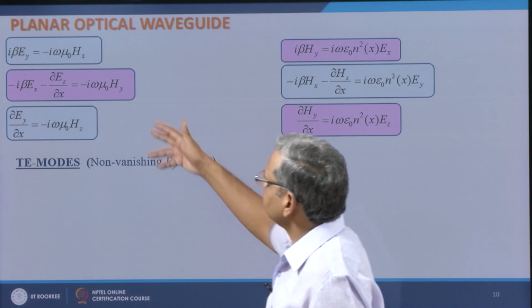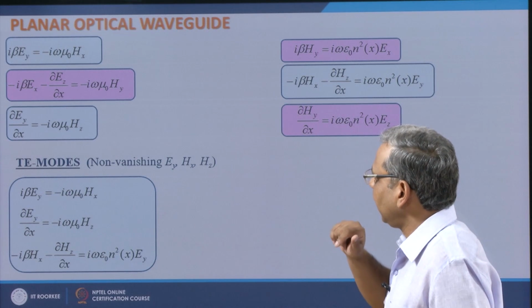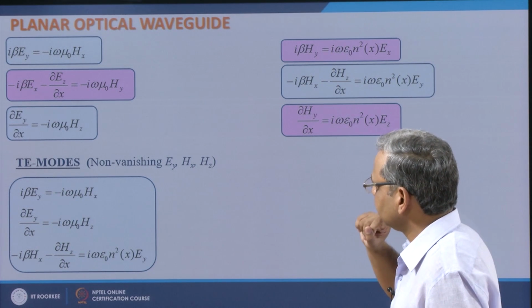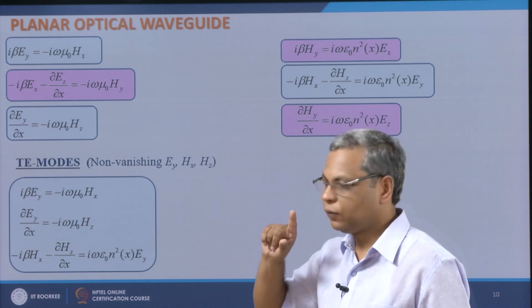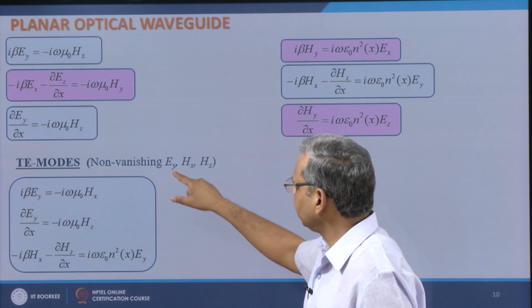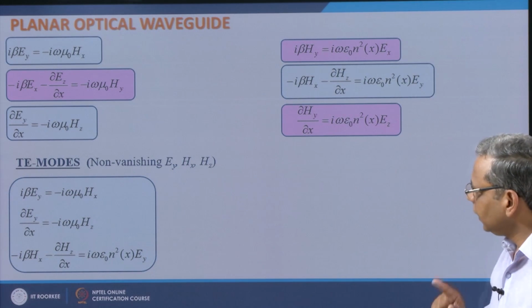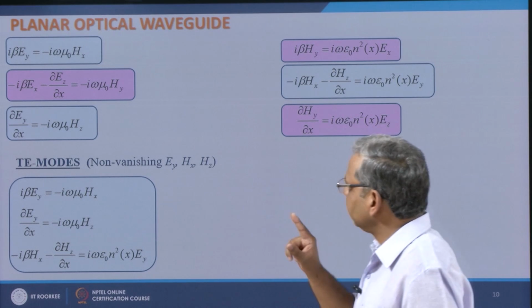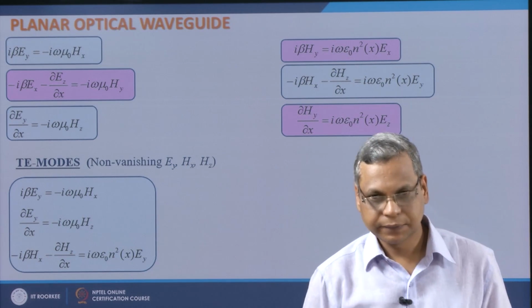These 3 equations, the blue ones, have only 3 non-vanishing components of E and H, and they are Ey, Hx and Hz. In these 3 there is only one component of E, and that is transverse.